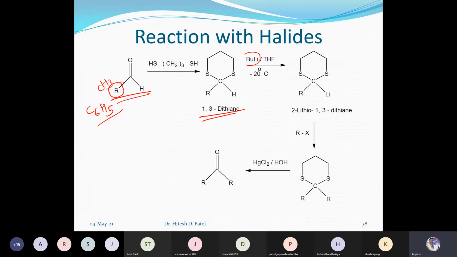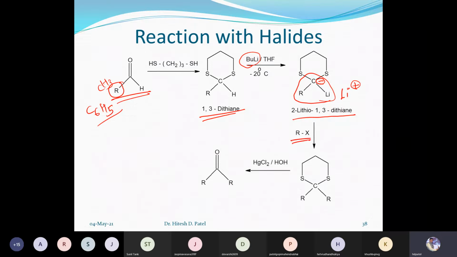Then by treatment with butyl lithium, we get 2-lithium-1,3-dithiane, where lithium is attached. Lithium always tries to be electropositive, which means this carbon becomes electronegative, having a negative charge.